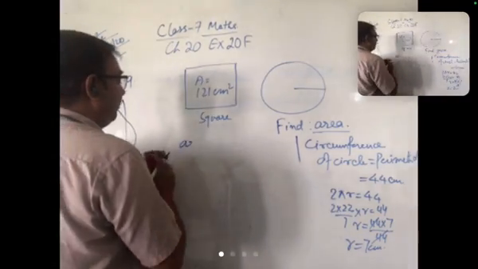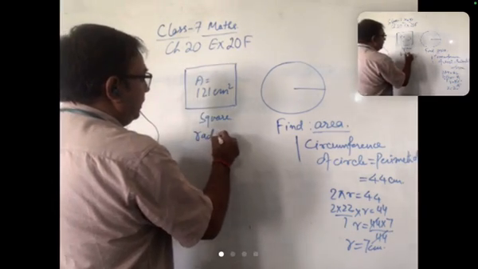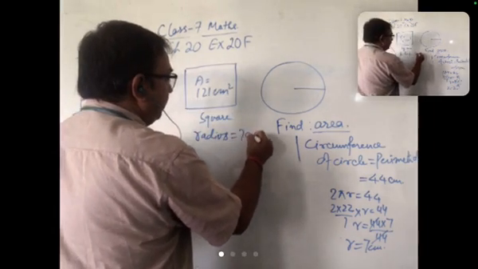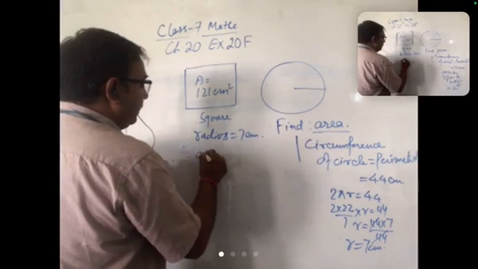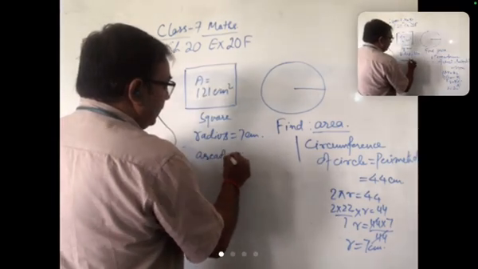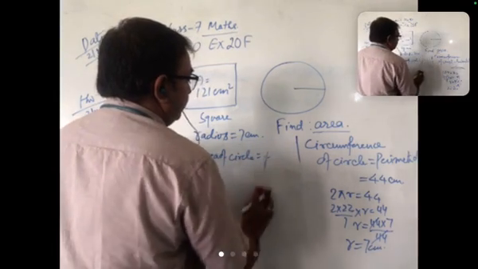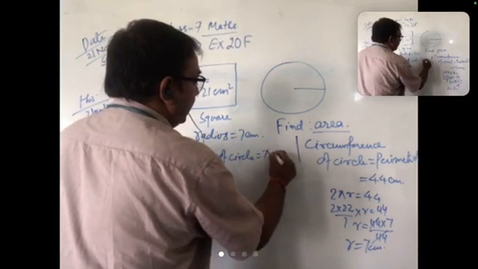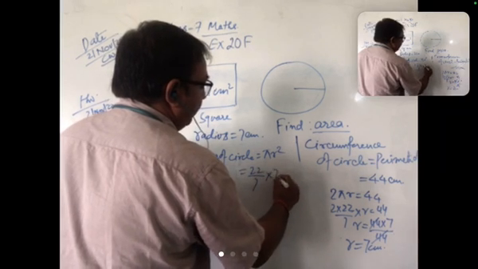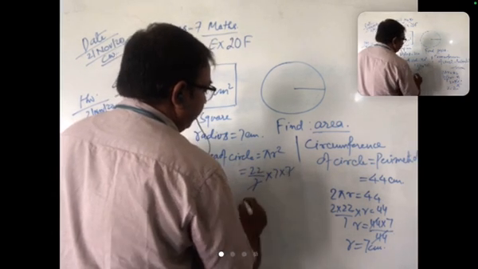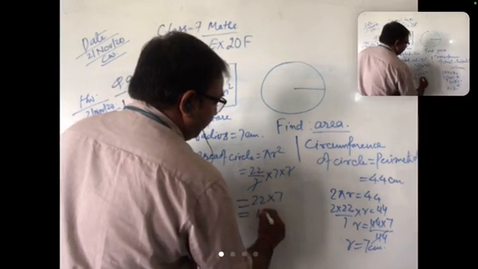So if the radius of the circle is 7 centimeter, therefore the area of circle is equal to pi r square. So it will be 22 upon 7 times 7 into 7. Now 7 and 7 is cancelled. 22 times 7 is equal to 154 centimeter square.